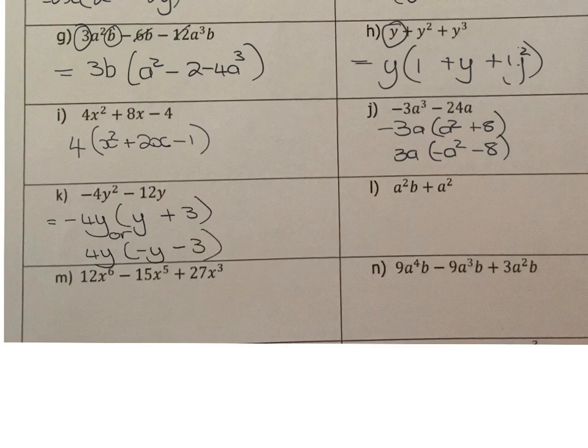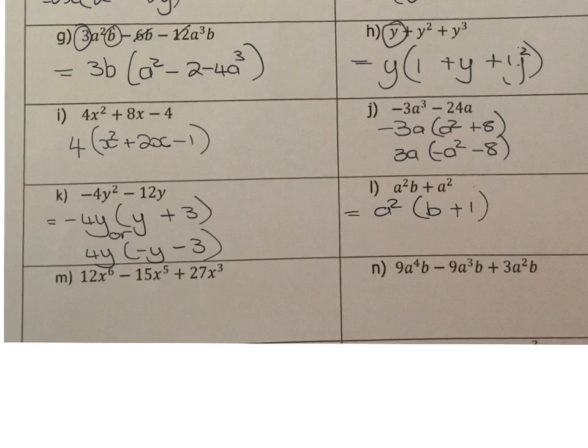If you look at them, minus 4y times y gives me minus 4y squared. Minus 4y times 3 gives me negative 12y. And it works the same at the bottom. The next one will be a squared. And I've got here b left over plus what times a squared gives me a squared? 1.